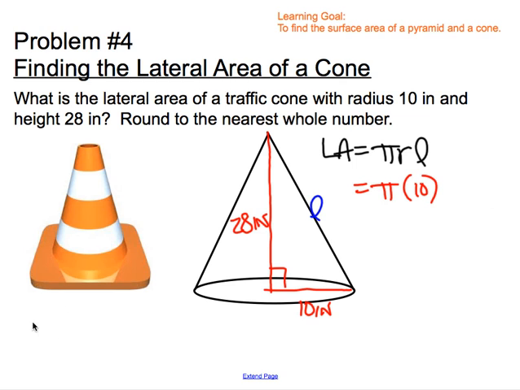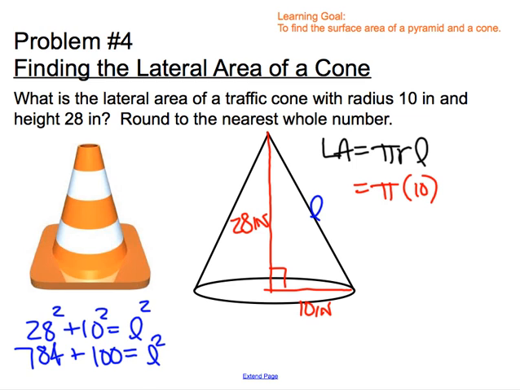So using the Pythagorean theorem again, we have that 28 squared plus 10 squared, 28 squared is 784, plus 10 squared, which is 100, is going to equal L squared. So L squared equals 884. And so L equals the square root of 884.